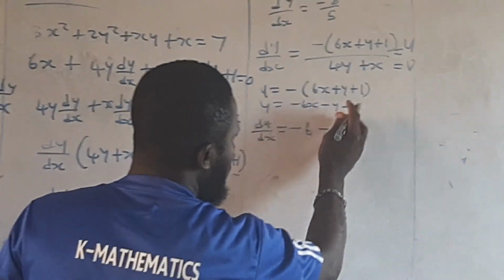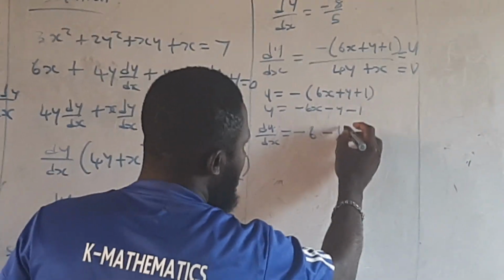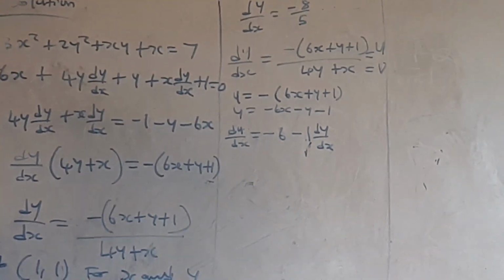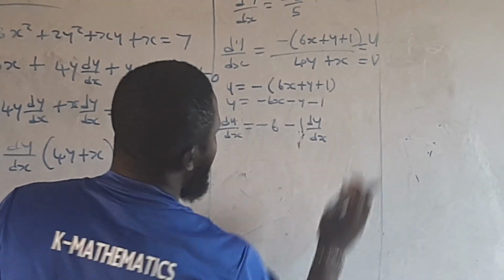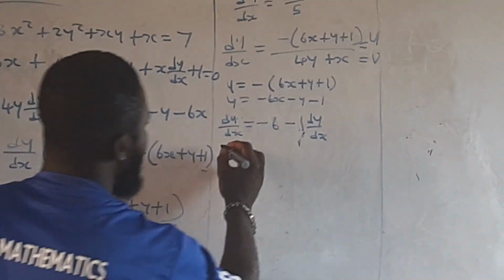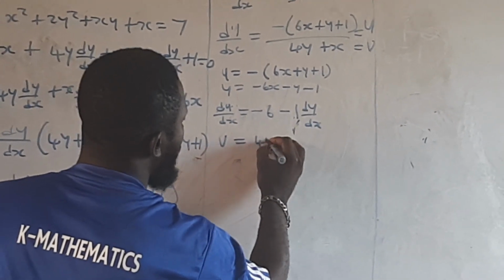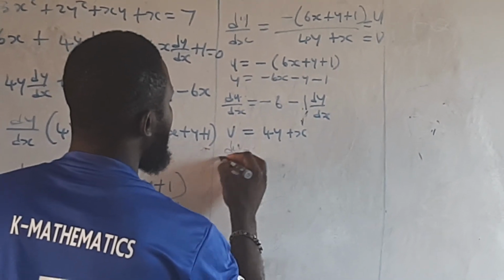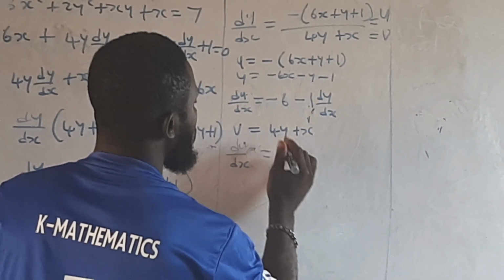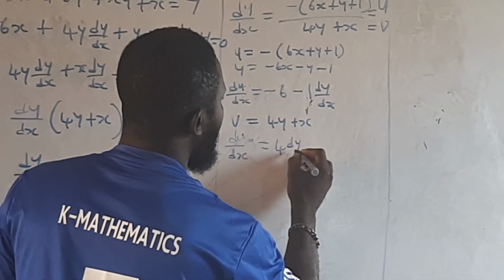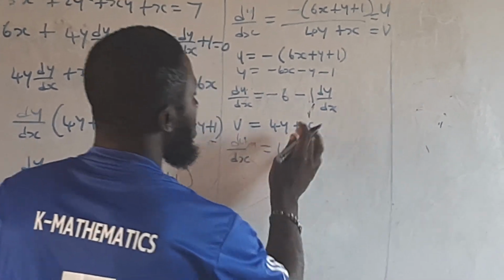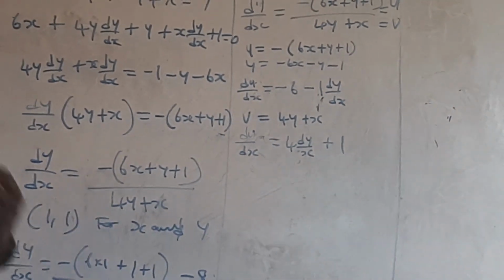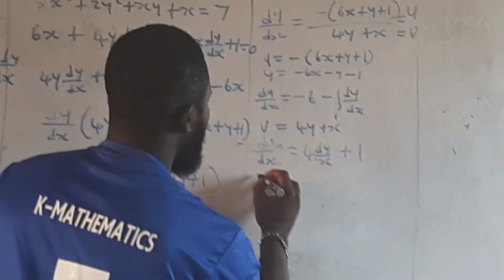Then you have minus differential of y, that's 1, then you put the dy/dx because it's also an implicit differentiation. So differential of the constant is 0, that goes. Then we have our v to be equal to 4y plus x, and then the dv/dx will be equal to 4 dy/dx. Then differential of x will be plus 1.